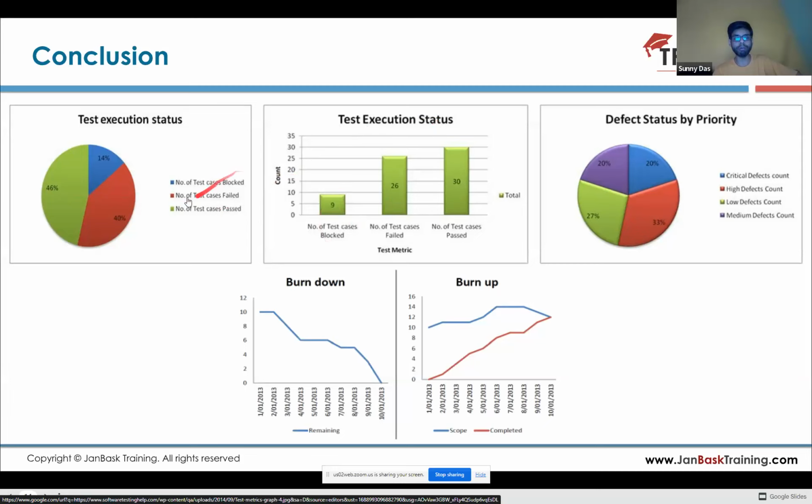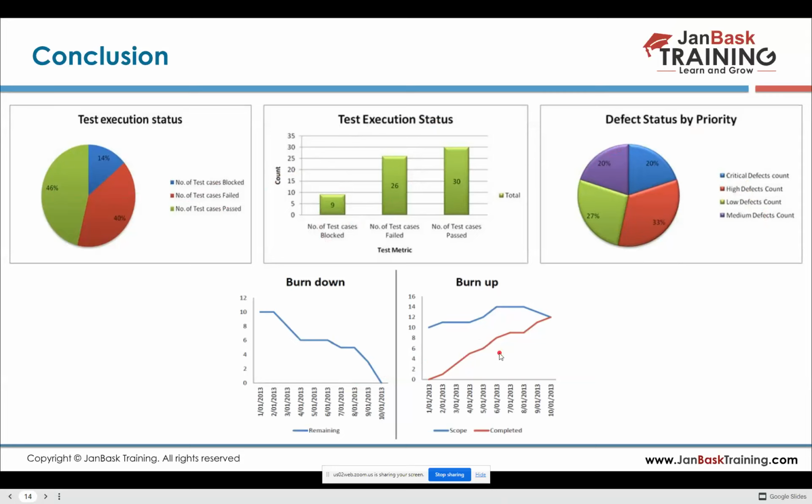So there are different types of representation here. Defect status by priority: critical, high, medium, and low priority defects, then the burn down chart and the burn up chart. This burn down and burn up, I showed you from the reports in Jira, gets generated automatically. So you can directly send the link to the customer and they can check from there.